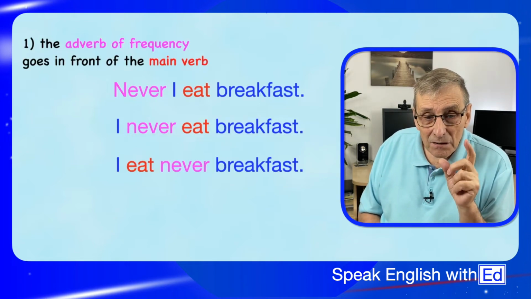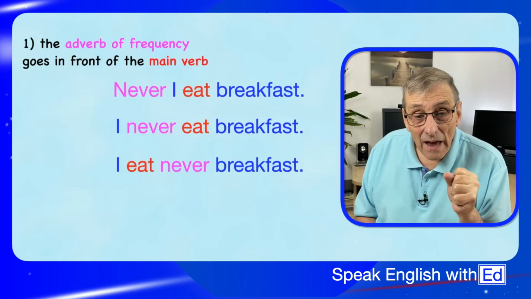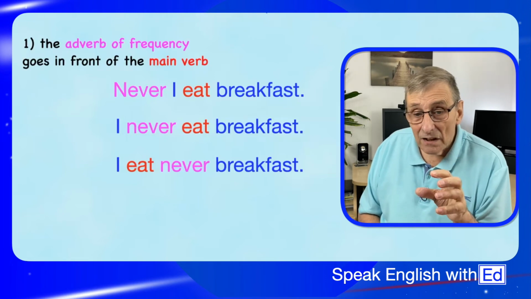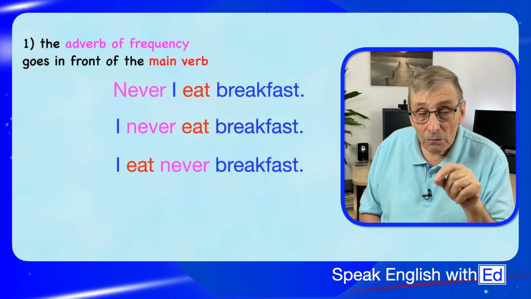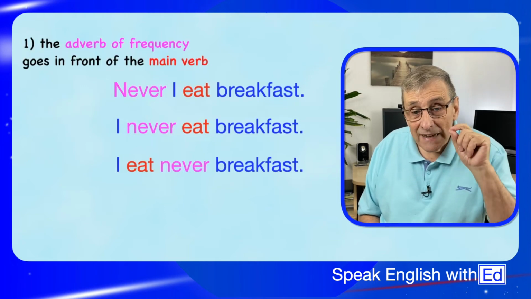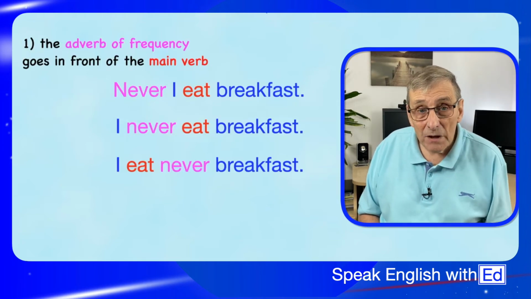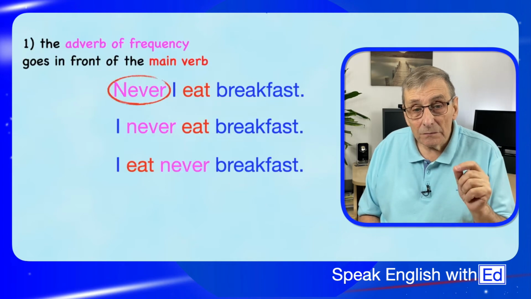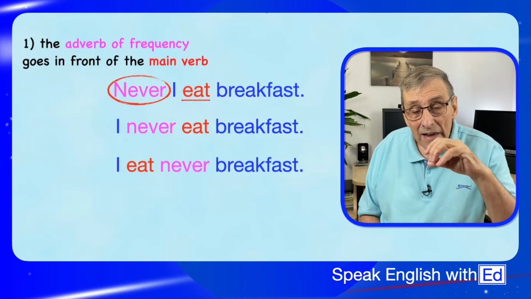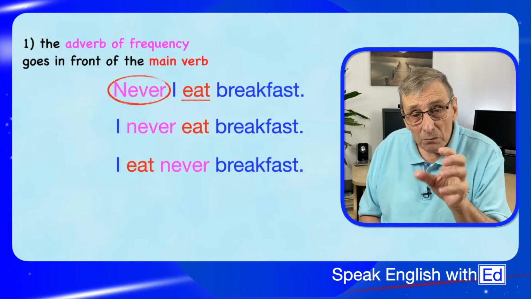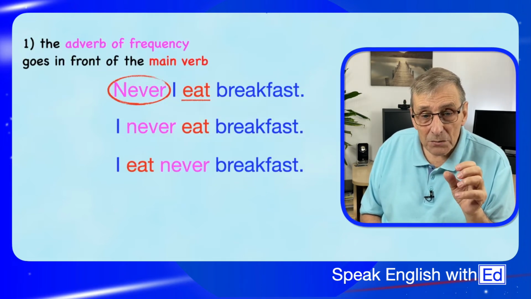In the bottom sentence, I eat never breakfast. Now, never in this case doesn't conform to the rule because it isn't in front of the main verb. So never and eat in the first one, that complies, but we've got a pronoun in between.